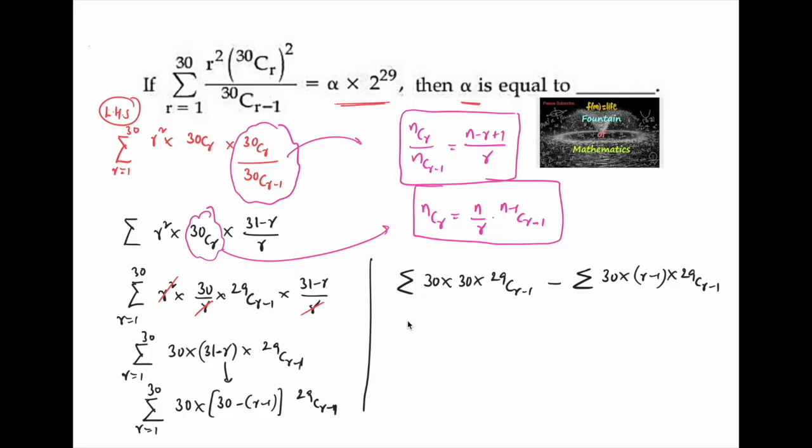So here 30 into 30 and summation of 29c r minus 1. So when r is equal to 1 to 30, we can say summation nCr is equal to 2 to the power n, when r is equal to 1 to n.